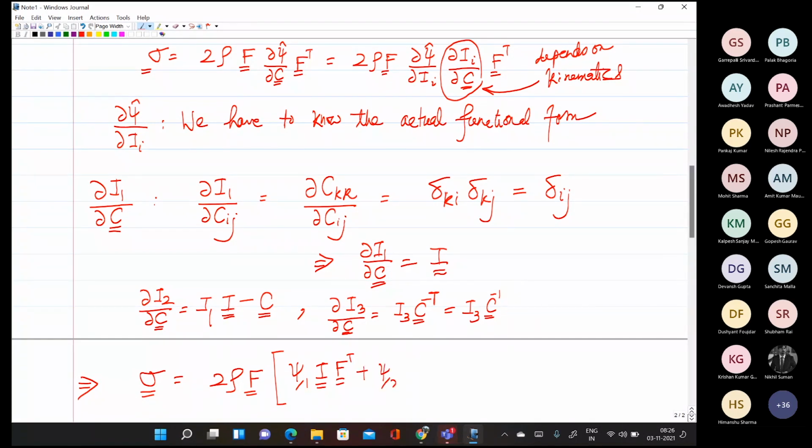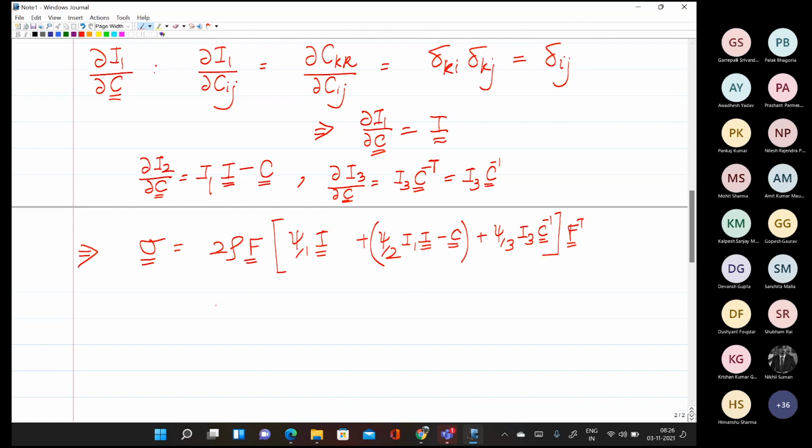plus psi comma 2, and F transpose is anyway common to every one of them. So psi comma 2 into del I2 by del C, which is again I1 identity minus C, plus the third one psi comma 3 into I3 times C inverse, and this gets multiplied with F transpose.